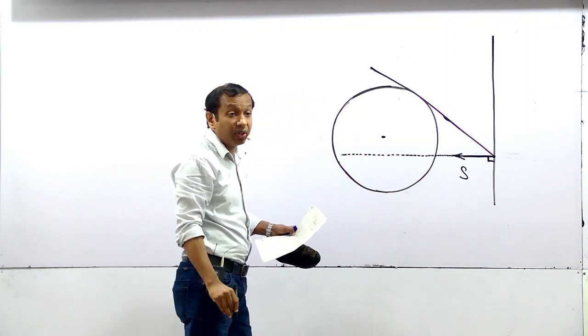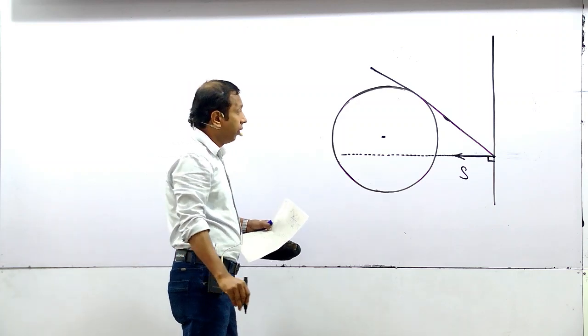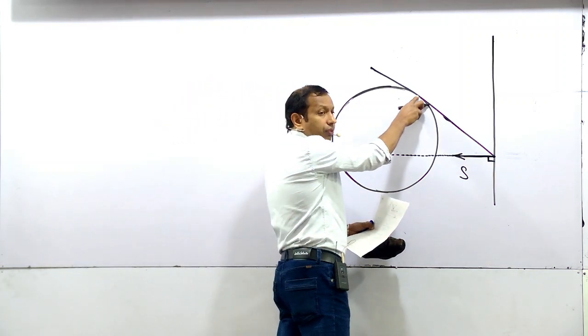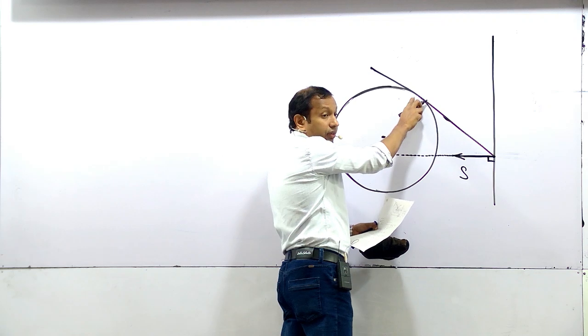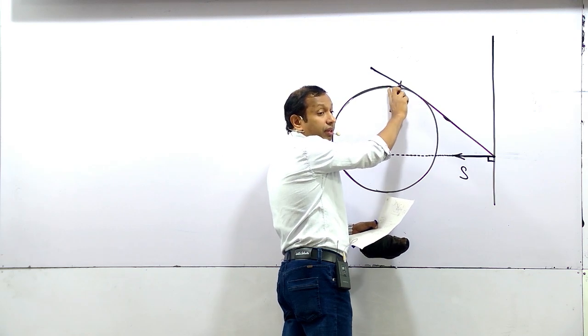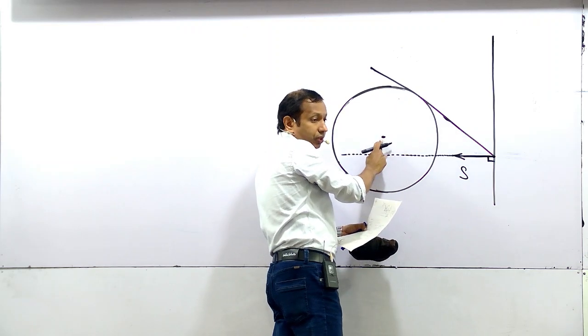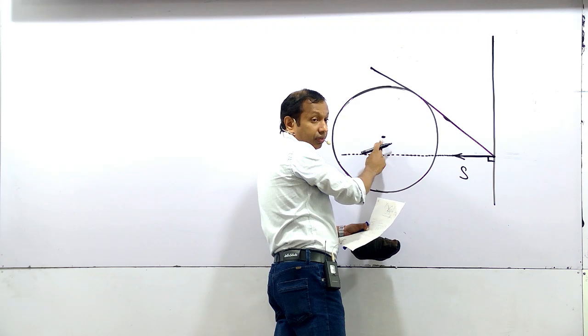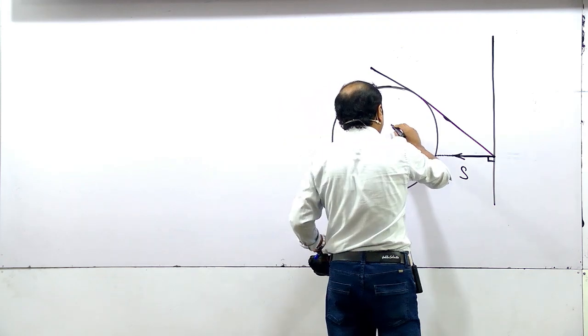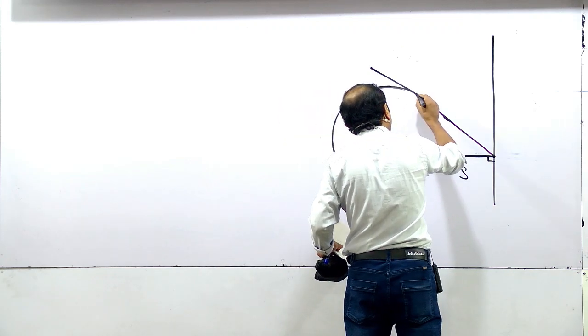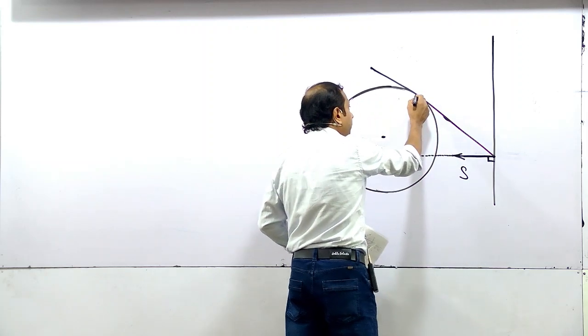Right. Now others stop talking. Now the normal reaction coming to this rod from the cylinder is at the point of contact, perpendicular to the rod. Therefore, that normal reaction should pass through the center of the cylinder. We know that also, right? Like this.